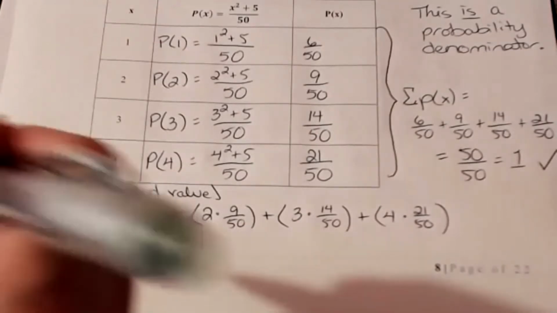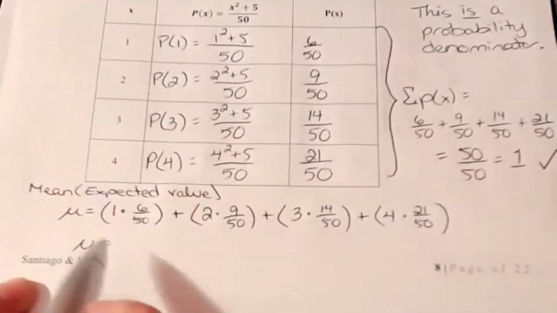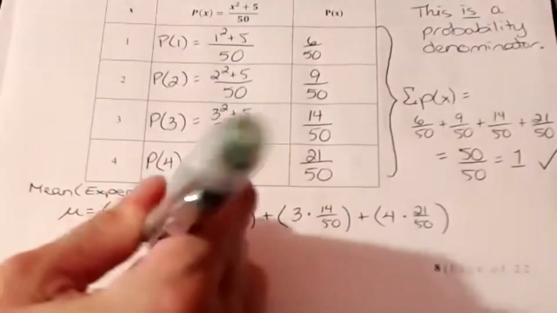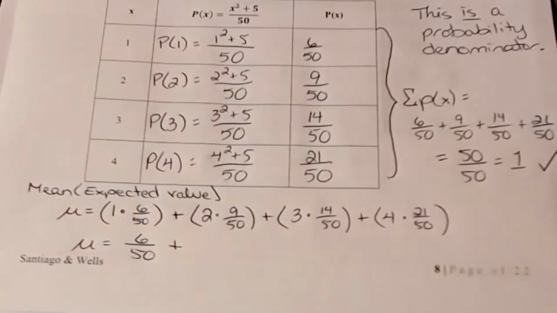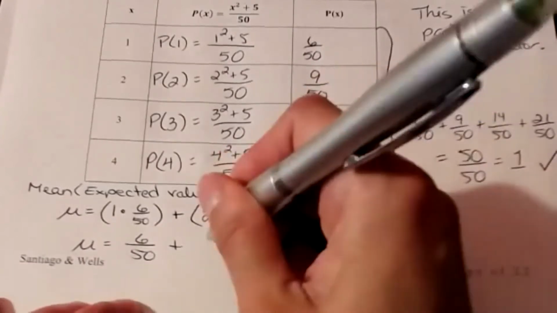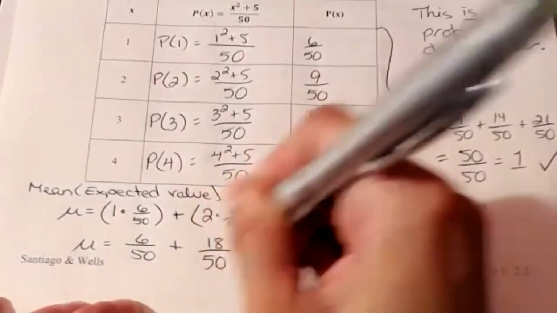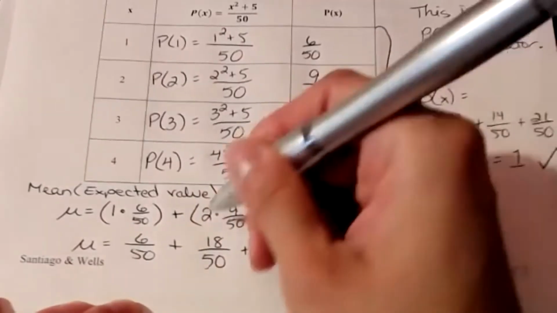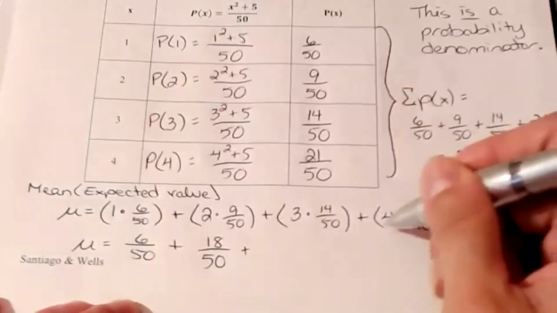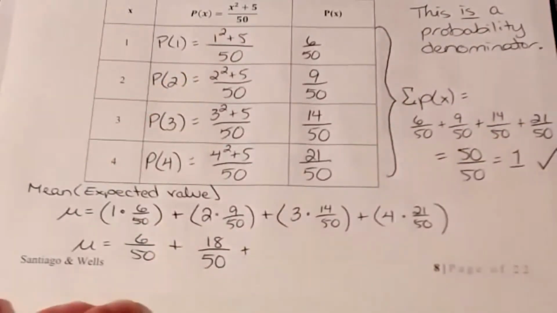All right, so let's actually do the math here. 1 times 6 out of 50 is 6 out of 50. 2 times 9 out of 50, remember, it's just numerator times numerator over denominator times denominator. This is 2 over 1. So that gives you 18 out of 50. If you're not comfortable with fractions, go ahead and write over 1, over 1, over 1, over 1 for each of those whole numbers.